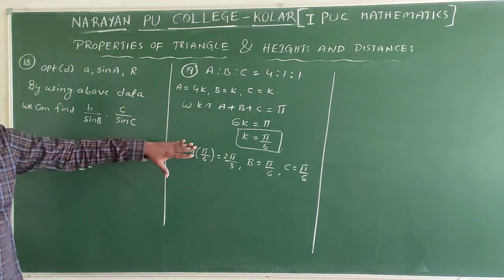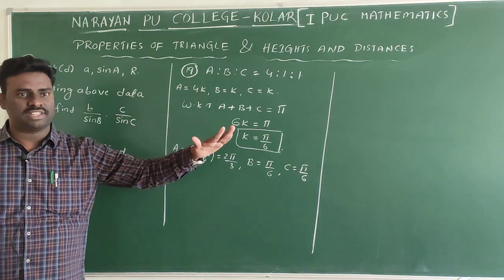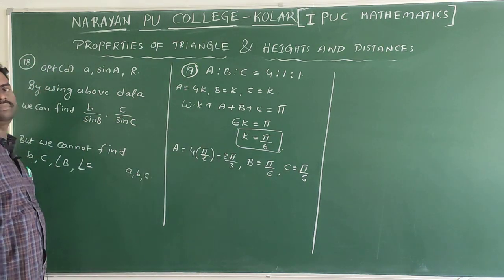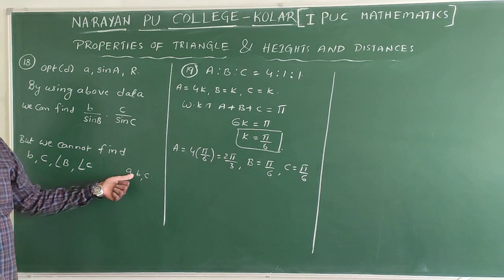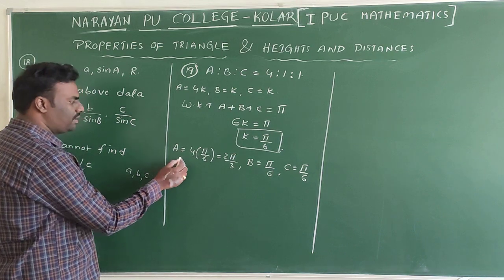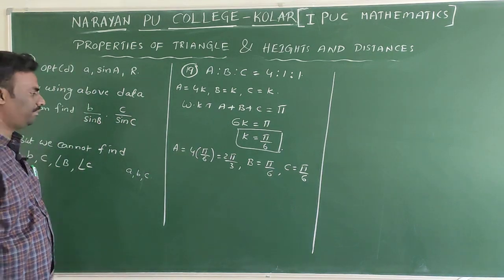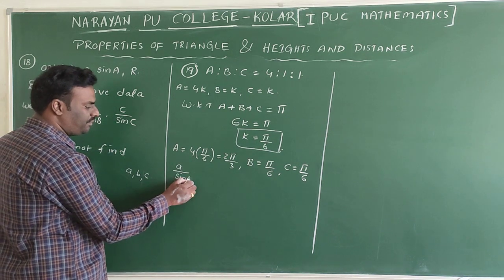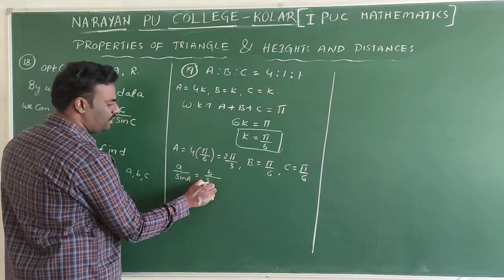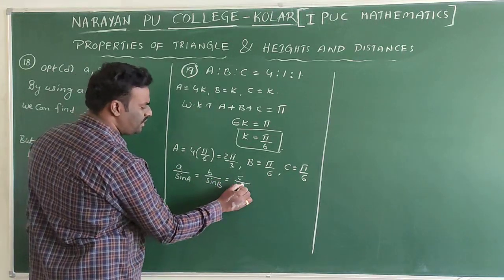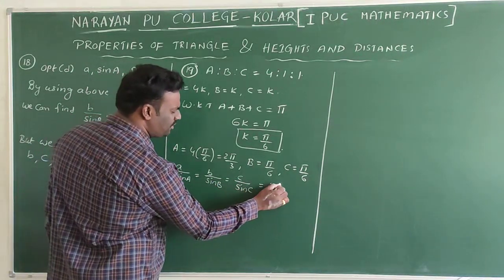To find the perimeter, compulsorily we require the lengths of the sides, meaning we need to find small a, small b, small c. How to find them? We have the sine rule I can apply. a by sin A is equal to b by sin B is equal to c by sin C is equal to 2R.